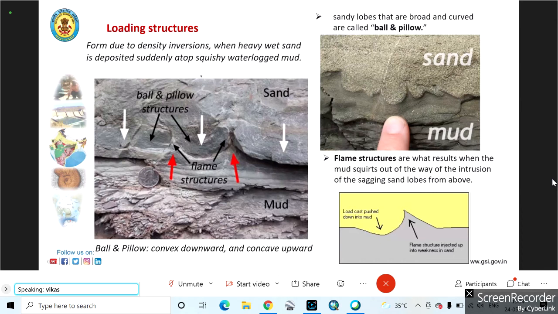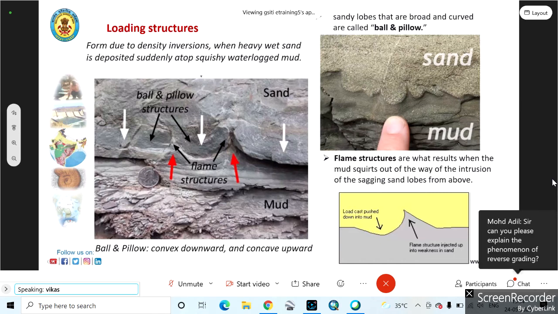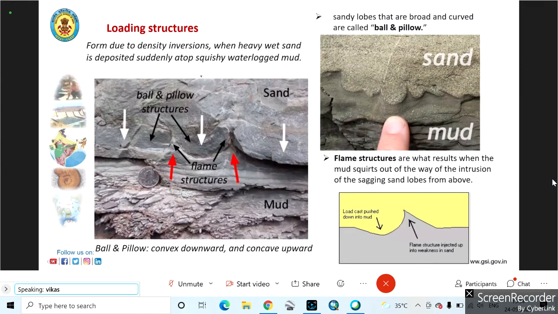In such a scenario, because of the density contrast or rheological contrast, for example here on the right side, if mud has been deposited and after that sand has been deposited, because of the heaviness or high specific gravity of the sand, it will settle down, and the mud, being very weak, will let the sands come up like lobes or a broad curve type of structure, which we call a ball and pillow structure. This is especially because of the density contrast.